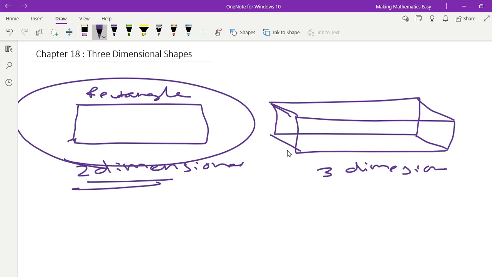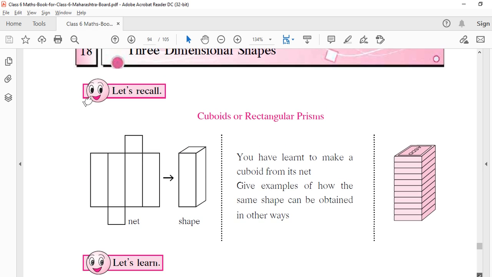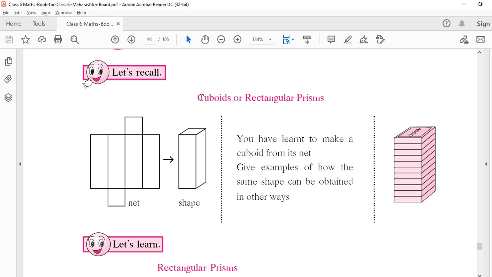There we have length, breadth and width, correct? And in this case this is called a cuboid. For every two-dimensional shape, that is square, triangle, we will have a three-dimensional shape, and we will see this in this chapter. So a cuboid is nothing but a rectangular three-dimensional figure.